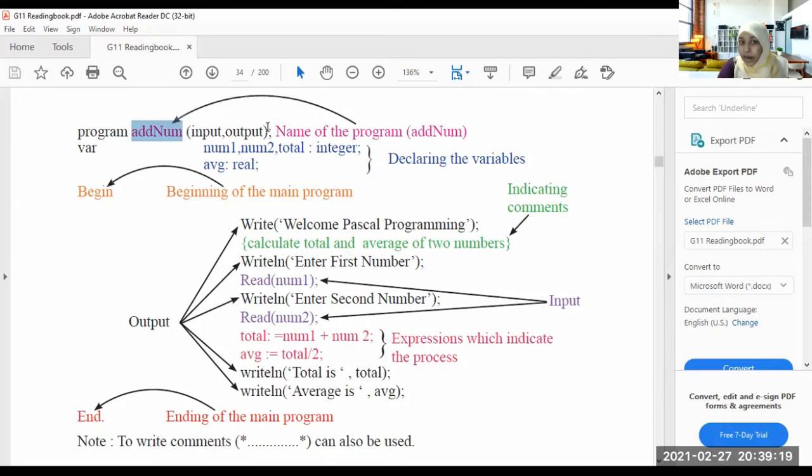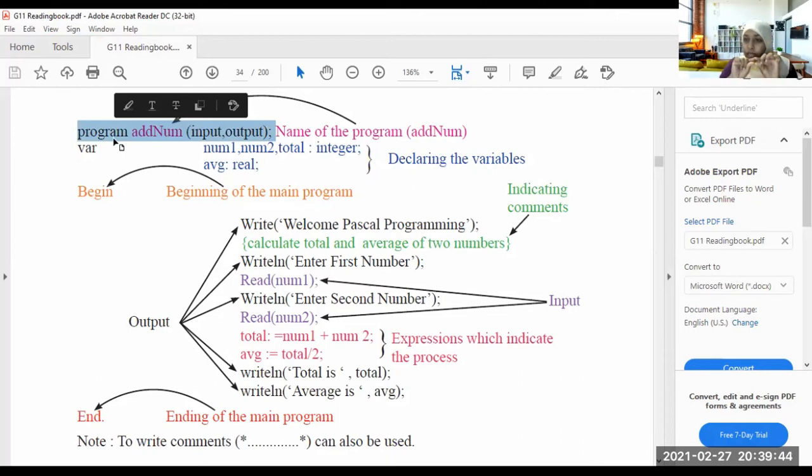Within brackets, I am writing that in this program, there are input and output. Input, comma, output within the brackets. So in this program, I am going to put inputs and also I am going to get some outputs. Semicolon means this statement is finished until here.